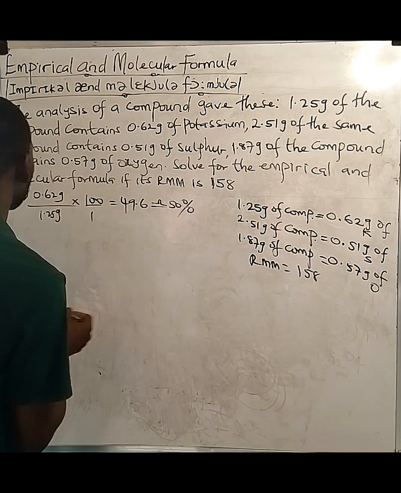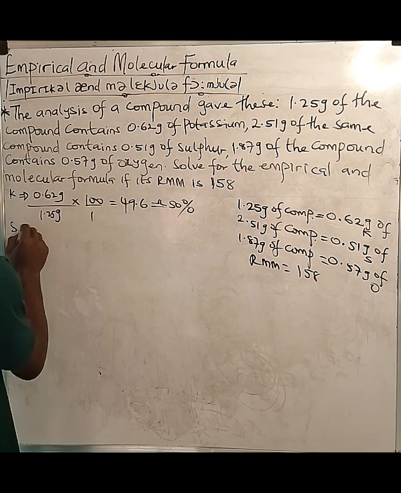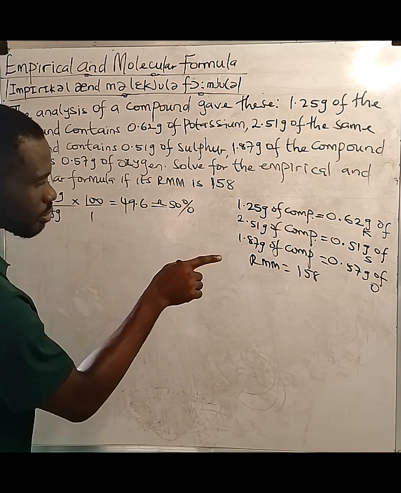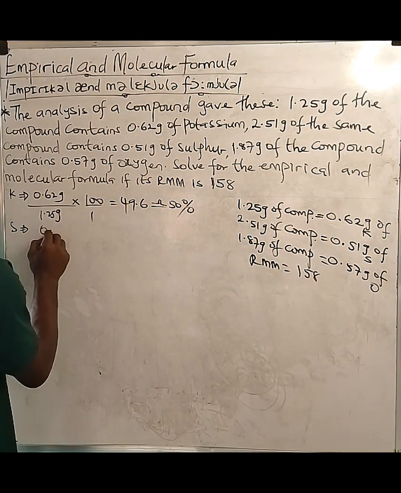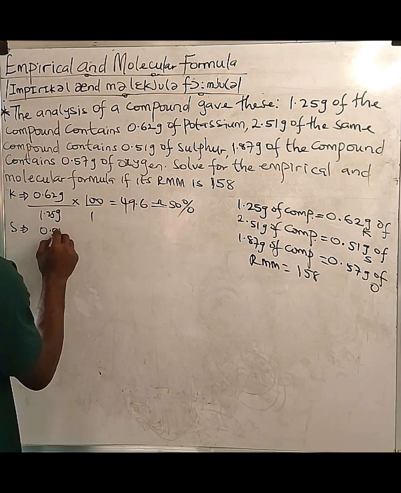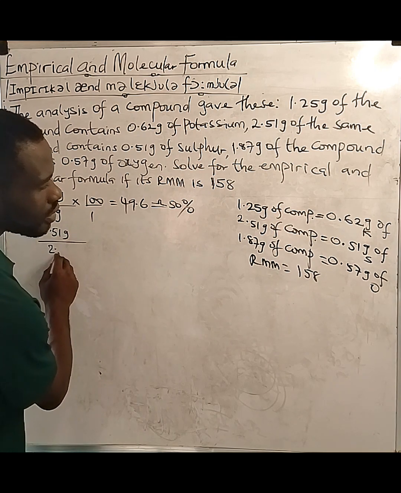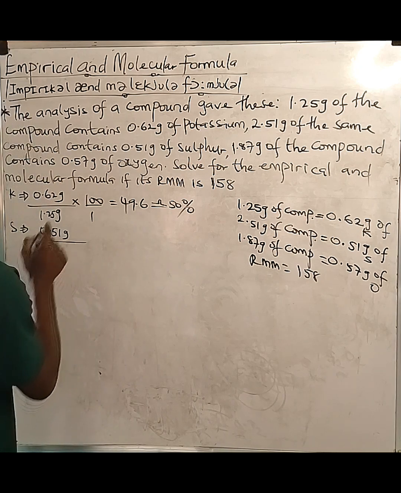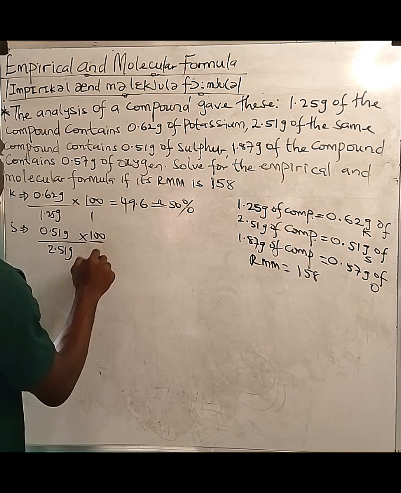Let's use that. The next element is sulfur. We have 0.51 gram of sulfur from 2.51 gram of the compound. So 0.51 gram of sulfur over 2.51 gram of the compound times 100 over 1.